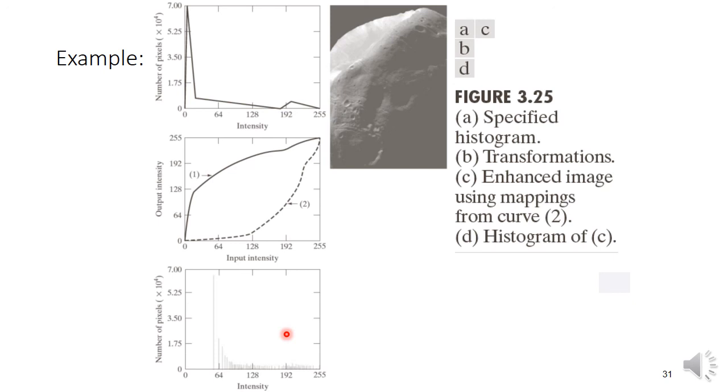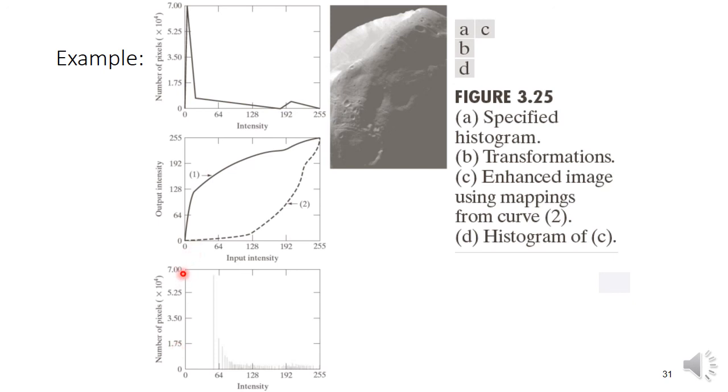You can see that the ranges of the x-axis and y-axis are the same as A, which was the specified histogram. So this histogram's intensity range is from 0 to 255, and again the number of pixels are in the range 1.75, 3.50, 5 and 7.